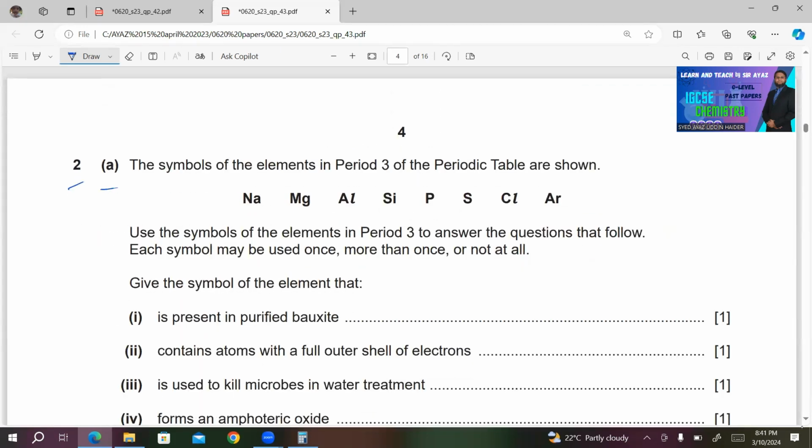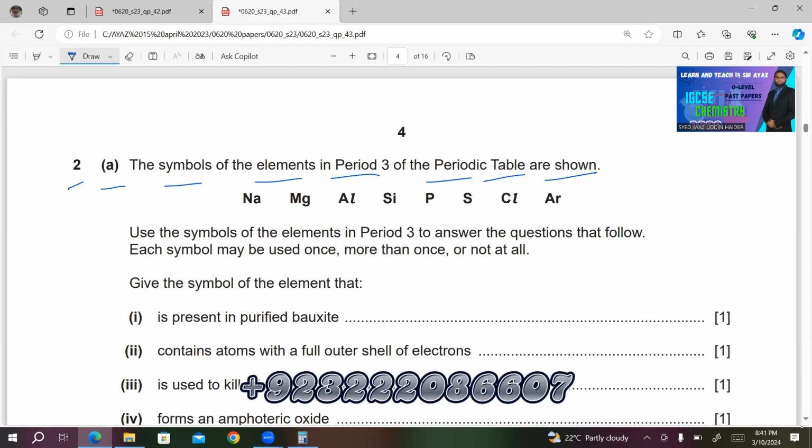Number 2A. The symbols of the elements in period 3 of the periodic table are shown. Here we have symbols of period 3 elements. We have Na, sodium, Mg, magnesium, aluminium, Al, Si, silicon, P, phosphorus, S, sulfur, Cl, chlorine, Ar, argon.